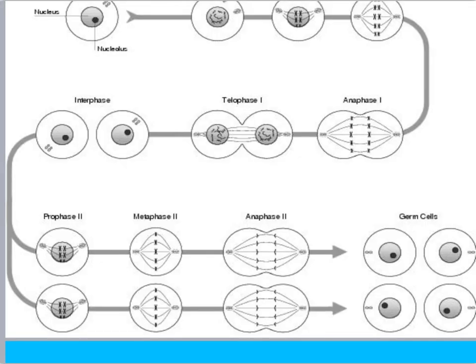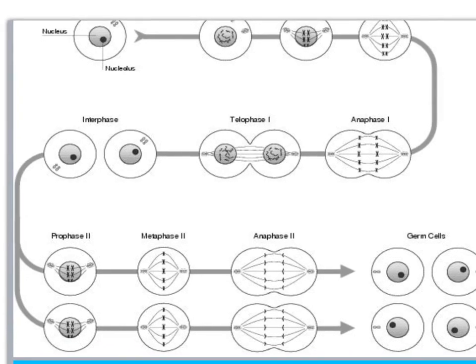So if you take a look here, you have a picture of all the phases of meiosis 1 and 2, all of meiosis. I'm going to start out up here. We have our nucleus and nucleolus. If you see a nucleolus present, that means that's interphase.